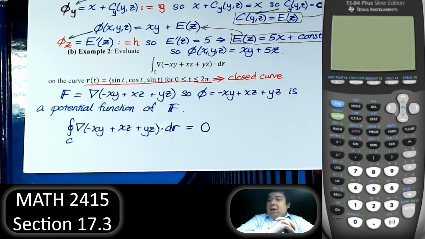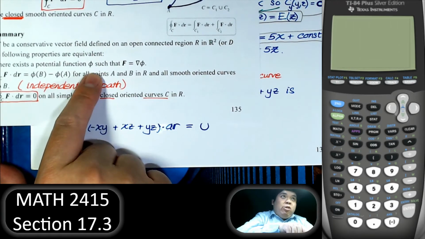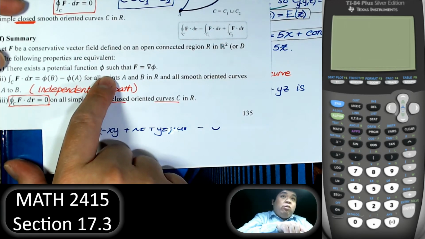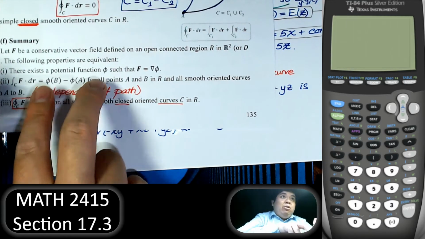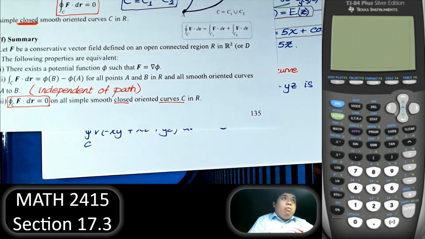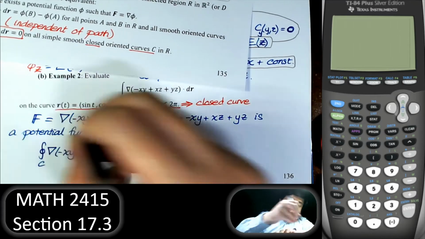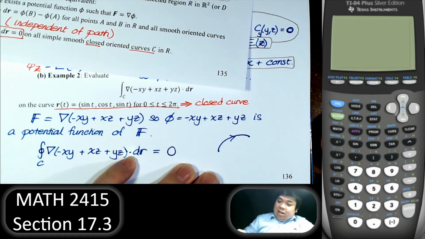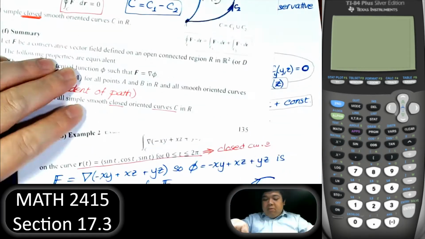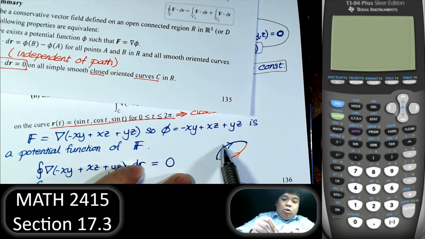So why is that? That's what we have, that theorem. First of all, there exists a potential function, right? If there exists a potential function, it doesn't matter the path. Going from A to B, it doesn't matter the path, it only depends on the endpoints. Now if we have two points, we go this route, it is the same as on this route. So those two integrals will be the same.